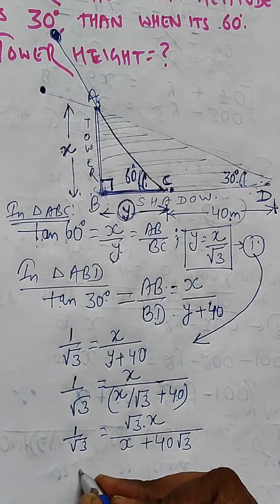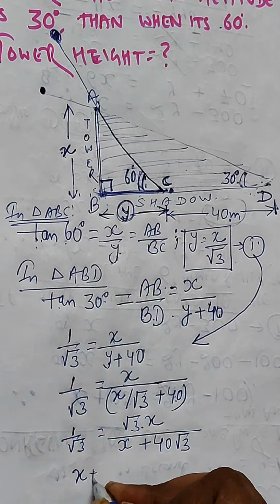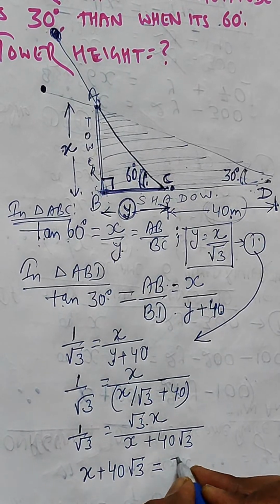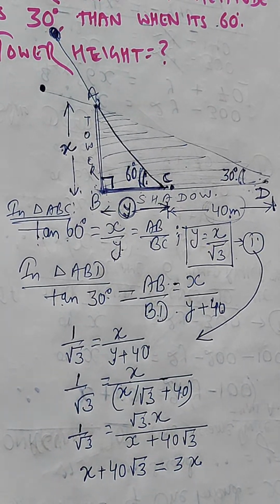Now by cross multiplication we get x plus 40 root 3 is equal to 3 times x, right?